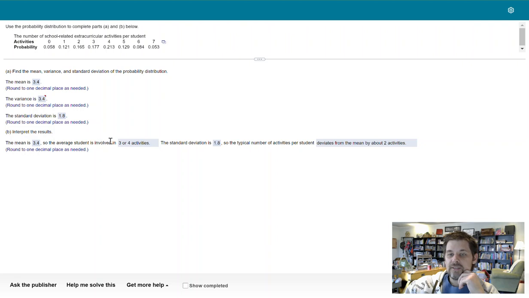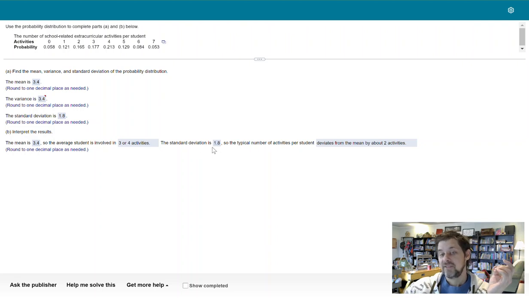Okay, so the mean of that data being 3.4 is kind of in the middle. A standard deviation of 1.8 means that the typical number of activities per student deviates from the mean by about 2 activities, right? So we might say that, in general, we're expecting most of the data to be within 1 standard deviation of the mean.